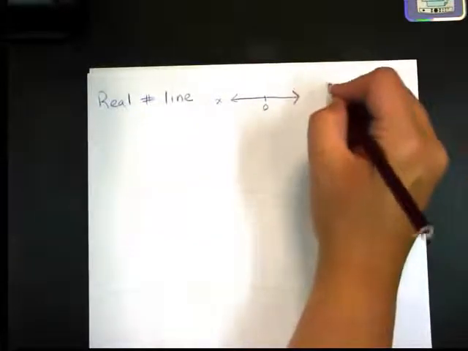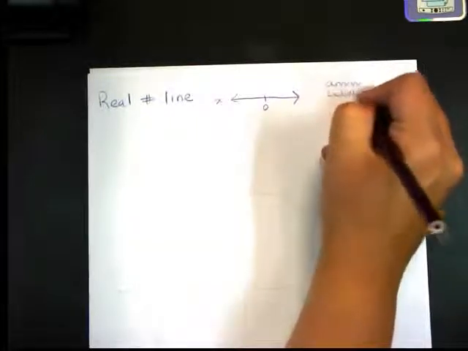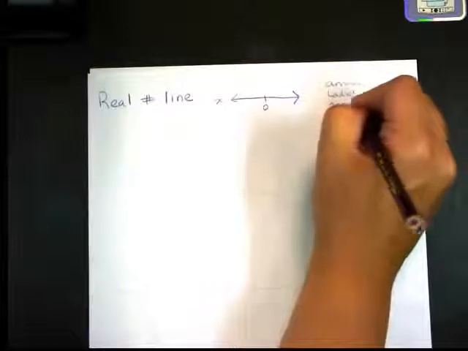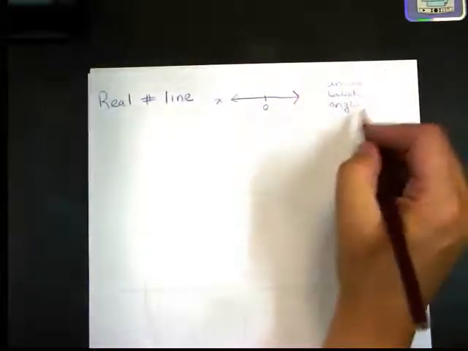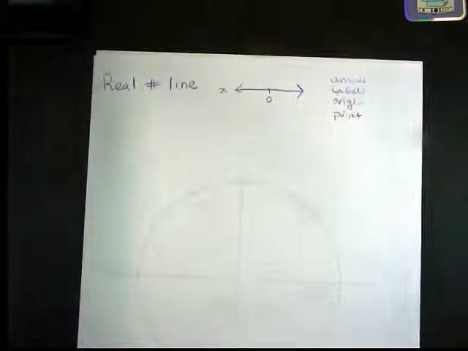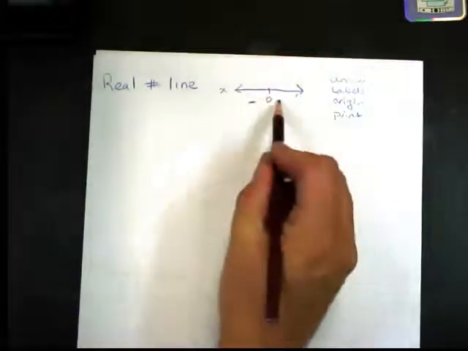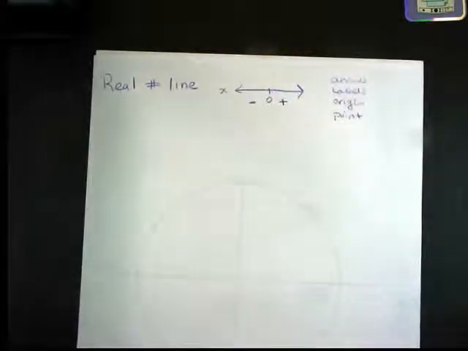So first of all, we have arrows, we have labels, we have an origin, and then we're going to have the point of wherever it is that we're talking about, whether it's 1/2, whether it's -7, whatever that we want with it, knowing that negatives are to the left of 0 and positives are to the right.